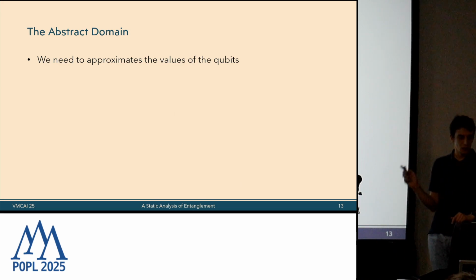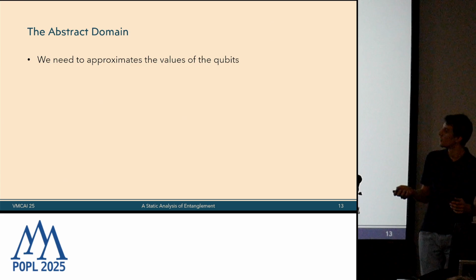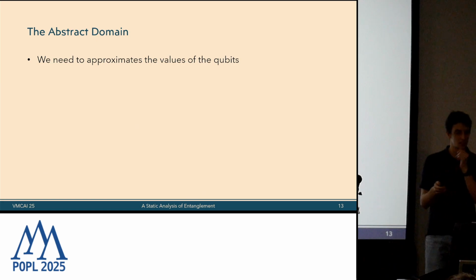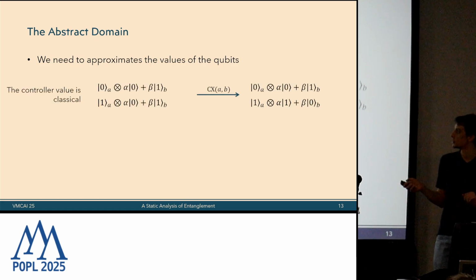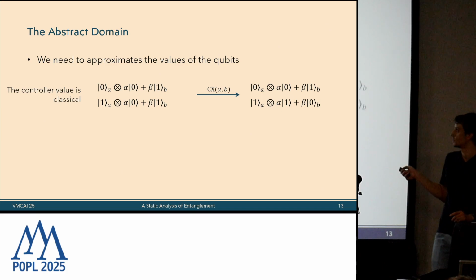And okay, the other goal of our domain is to try to approximate the value of the qubit. So let's see a couple of examples that show which values we actually need to represent. Let's start with this one. If we have a state in which the first qubit, the controller in this case, is a classical value, the CNOT will be the same as a classical controlled-NOT operation, and thus we don't introduce entanglement.